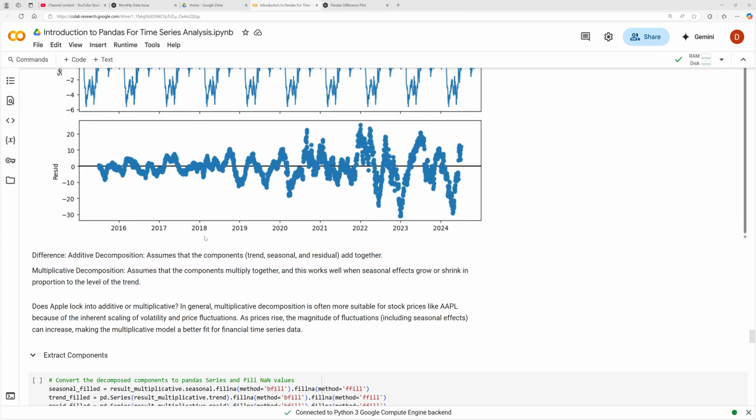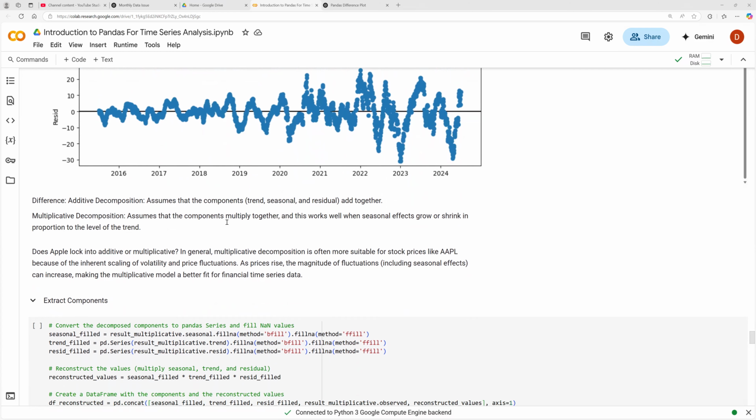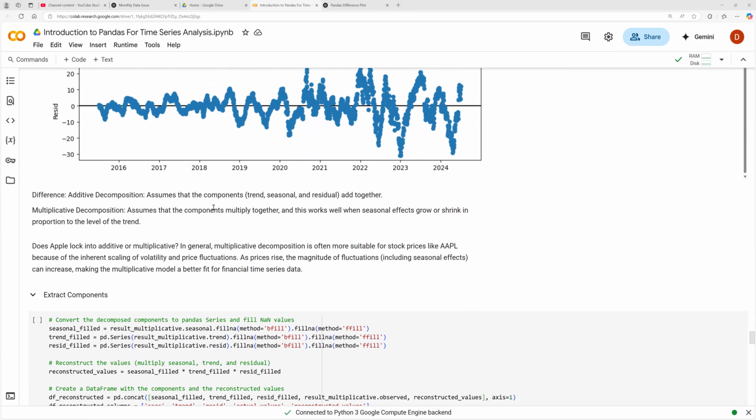So the difference: additive decomposition assumes that the components, trend, seasonal, and residual, add together. In multiplicative decomposition, it assumes that the components multiply together, and this works well when seasonal effects grow or shrink in proportion to the level of the trend. So here's another graph just to drive the idea home.